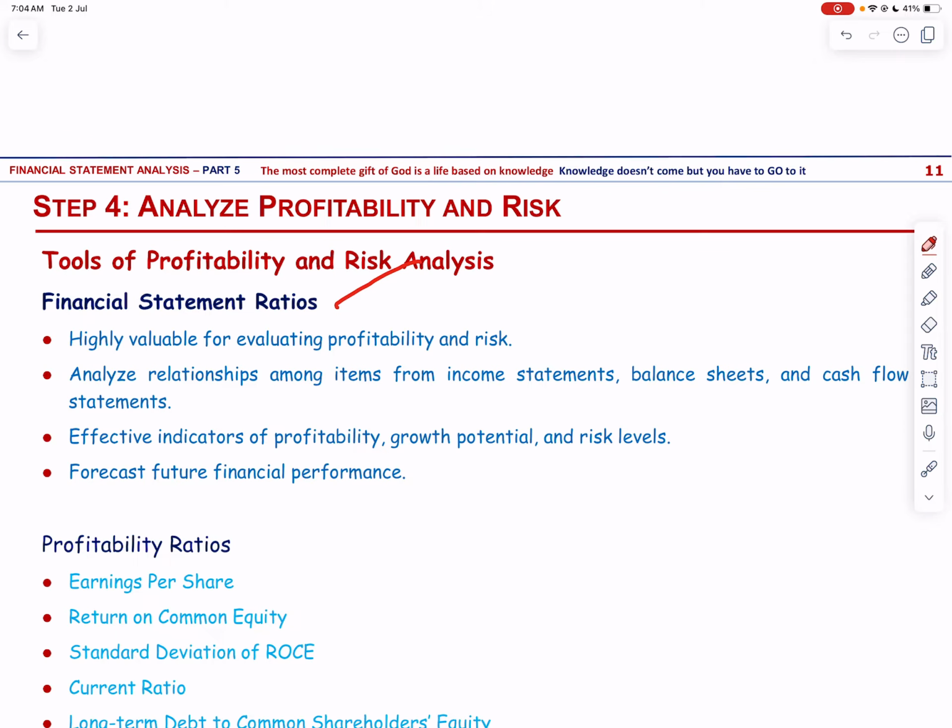They serve as effective indicators of profitability, growth potential, and risk levels. Financial ratios are widely used by researchers and analysts to forecast future financial performance.